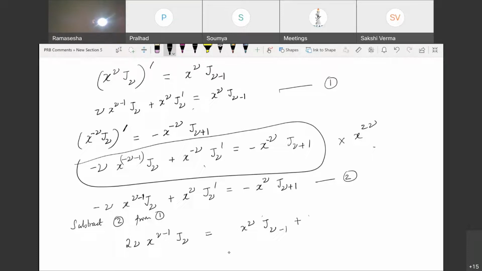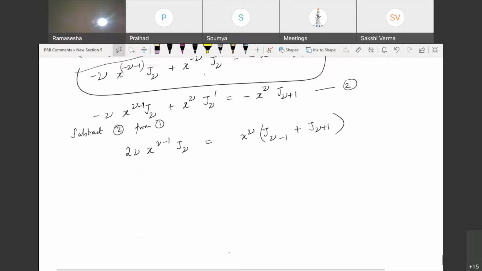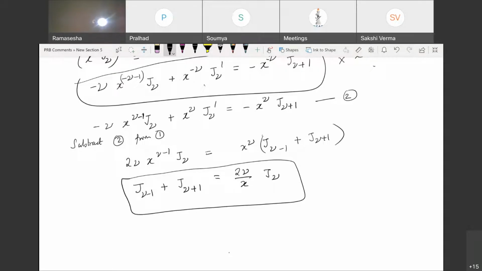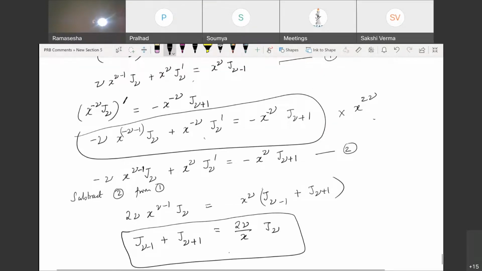Since I'm subtracting, this is the term that I get. Or I can write J nu minus 1 plus J nu plus 1 is equal to 2 nu by x J of nu. So this is what I'll get by manipulating equation 2.